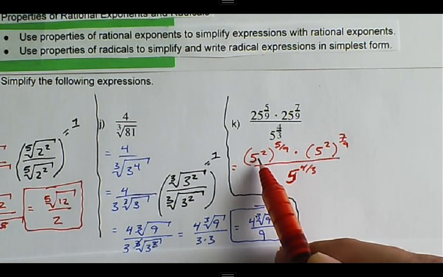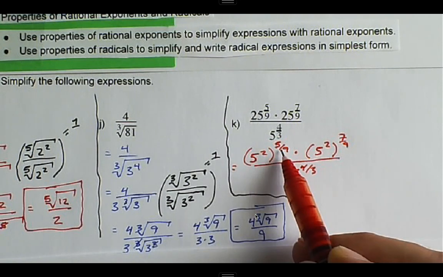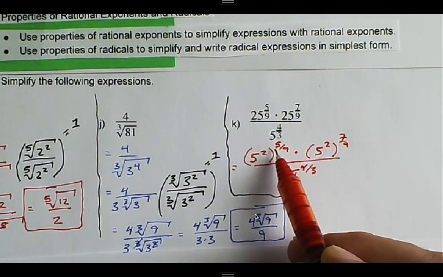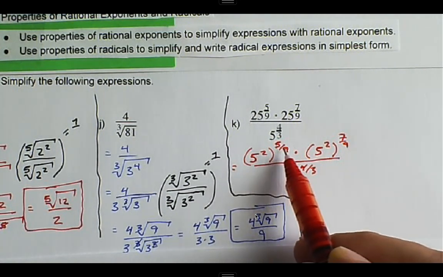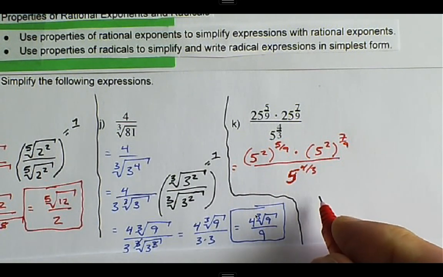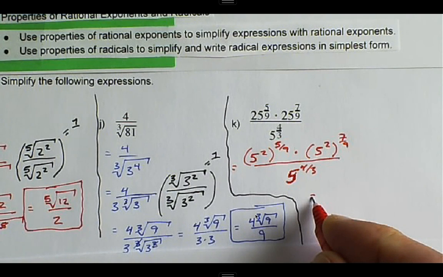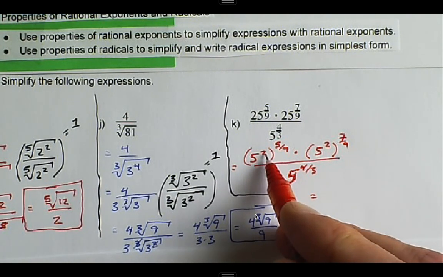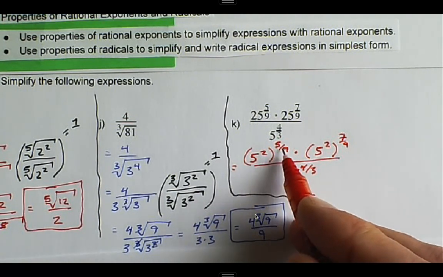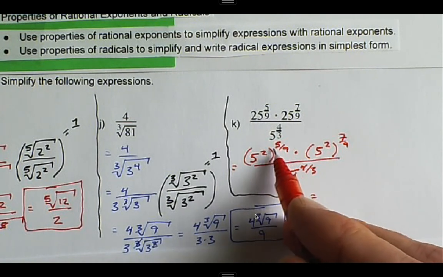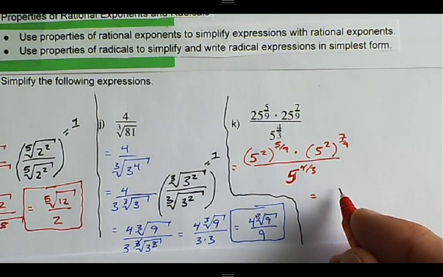Remember, if we have a number and an exponent raised to another exponent, we can multiply the exponents together. So another way that we can rewrite this is, we multiply an integer with a fraction. We just multiply the numerator, leave the base.